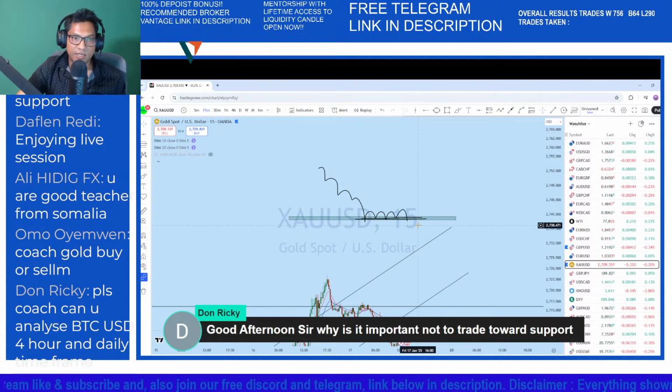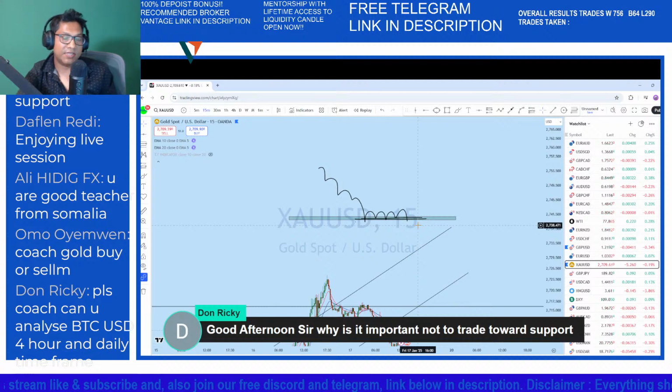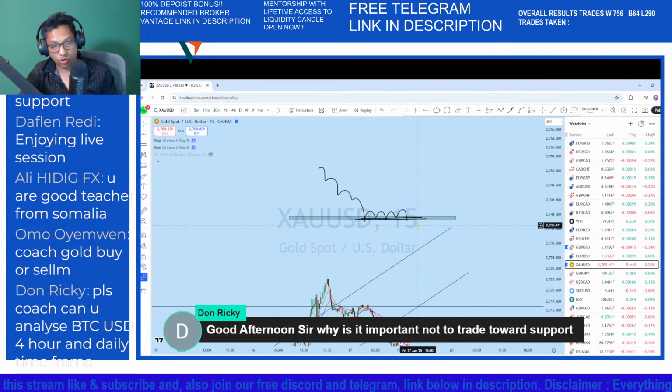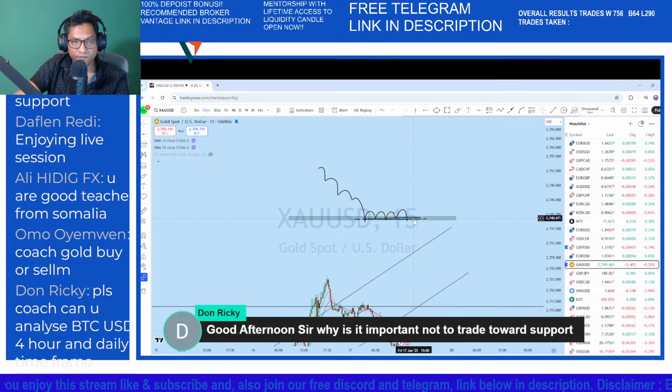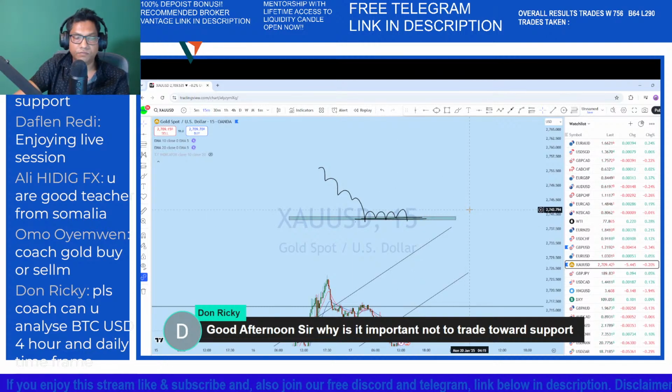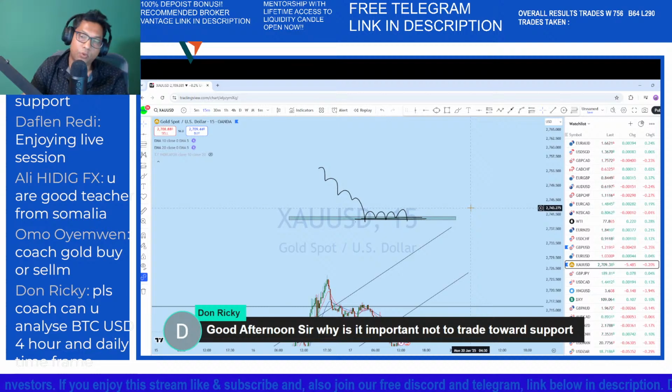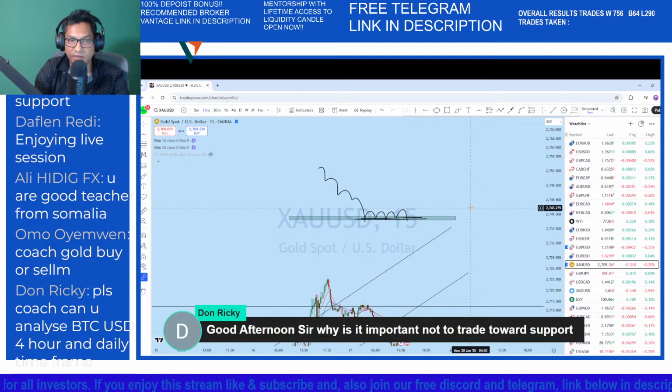When the market is on a support, you can't predict the market directly, because on the support there will always be some reaction. Because it's an important area.